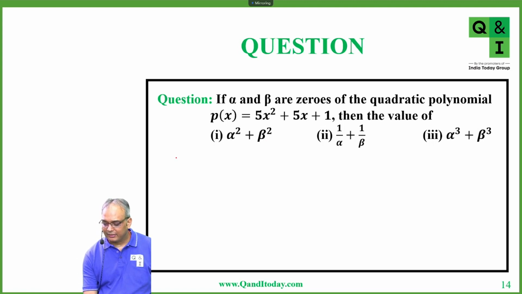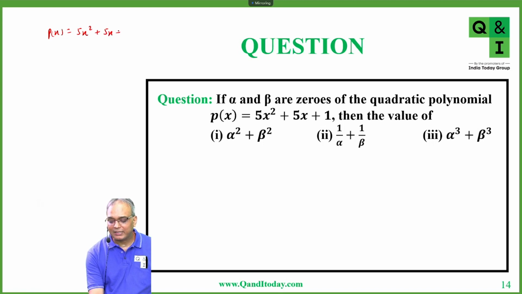Before that, since the polynomial px is given as 5x square plus 5x plus 1, we will have alpha plus beta is minus b by a, minus 5 by 5, that is minus 1. Alpha beta is c by a, that is 1 by 5.